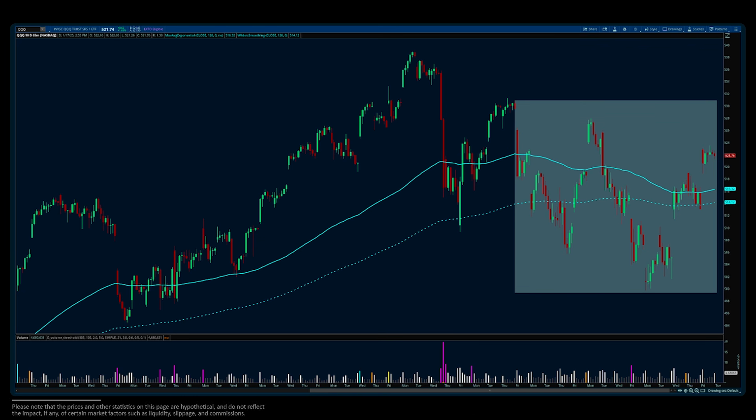AKA sellers take control and we enter a bear market phase, right? We don't know yet how this will resolve, right? As the market shifts into this generally weak, ranging environment, I want to focus on the trend context of my higher time frames, because these environments always have a lot of noise and fear, right?